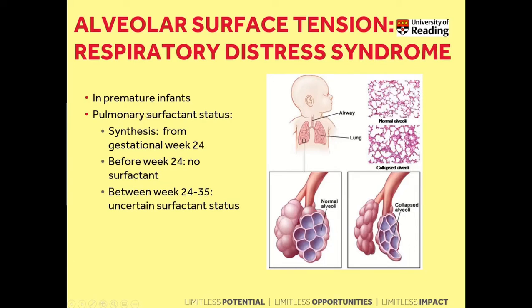Because the pulmonary surfactant is synthesized from gestational week 24, and before week 24 there is no surfactant, and also the amount of surfactant produced between week 24 and 35 is uncertain. So obviously you understand that premature infants might suffer from respiratory distress syndrome because they do not have enough surfactant or they don't produce surfactant, therefore the alveoli tend to collapse.